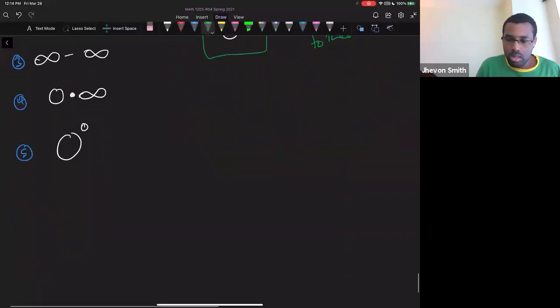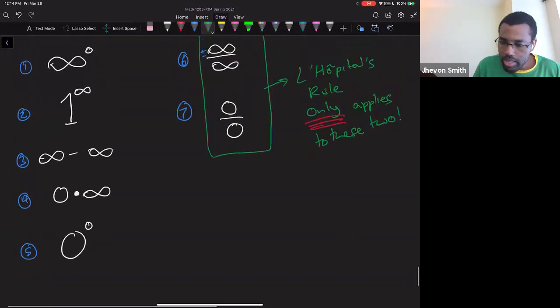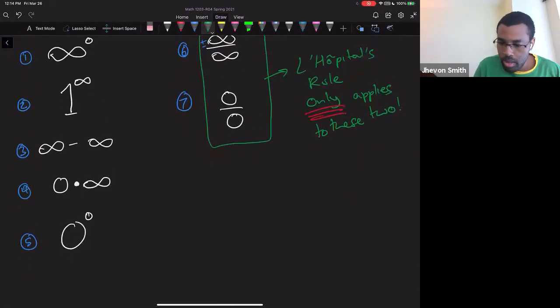Now, there is hope because of algebra if one of the other forms occur.